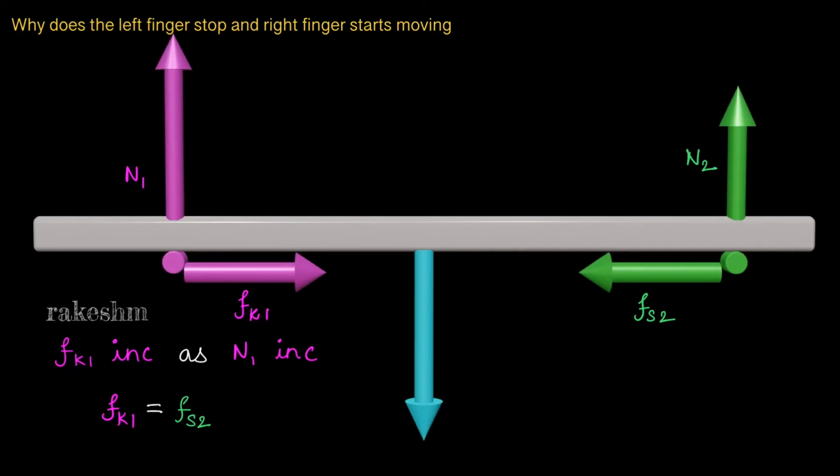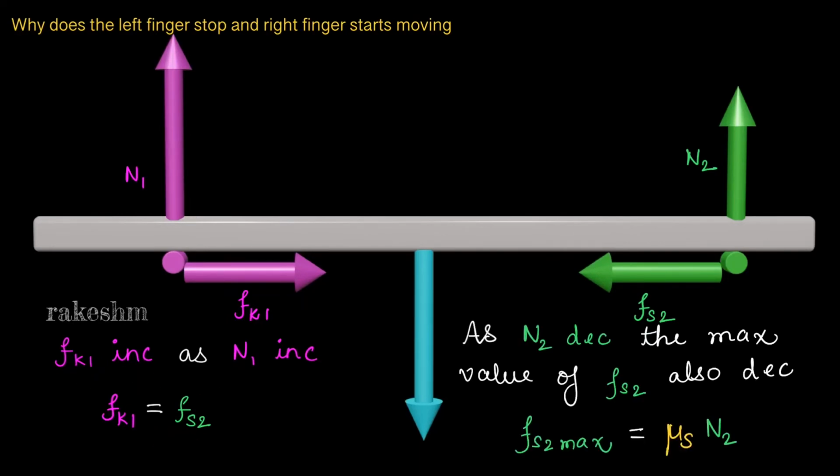So just remember this right now. Let us look at the right finger. As N2 is decreasing, the maximum value of static friction also decreases. The maximum value of static friction that acts here also decreases, as Fs2 max is mu s into N2. So N2 is decreasing, this is also decreasing.